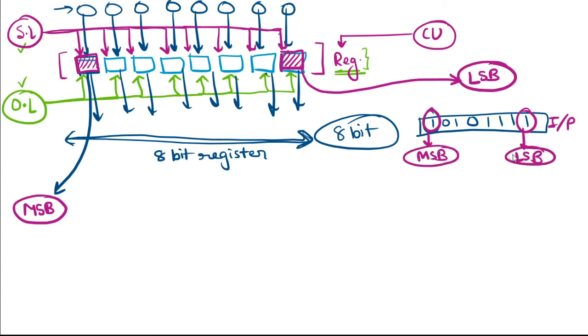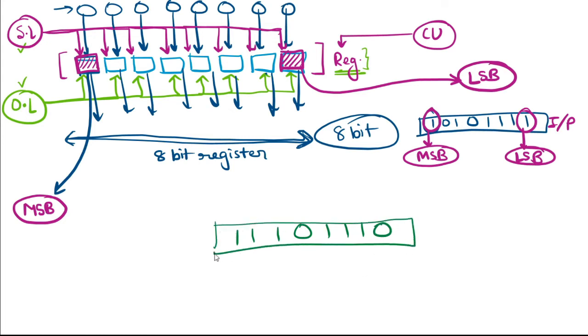For those who are new to the most significant and least significant bit concept, let me give you an idea in brief. Suppose we have some sequence like this, and it represents a number. Each of these bits has some weightage associated with it, and the rightmost bit has weightage 1.